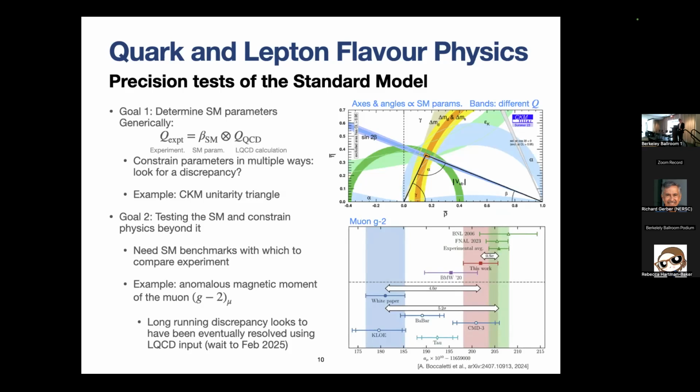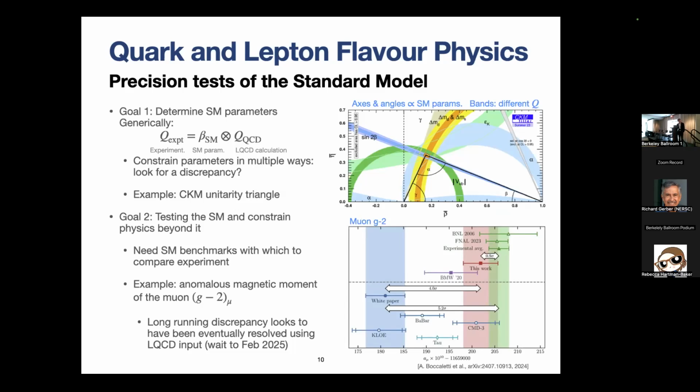A nice example of this is the anomalous magnetic moment of the muon. This has been in the news recently, as there have been very precise new experimental measurements at Fermilab, and there have been theory calculations of this.